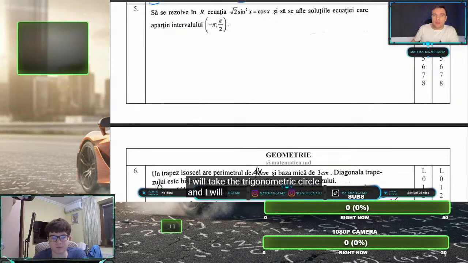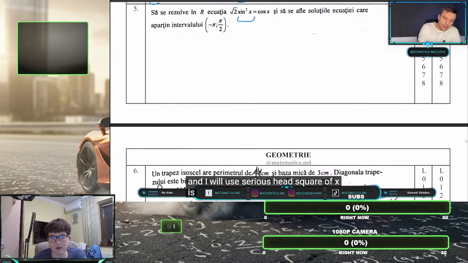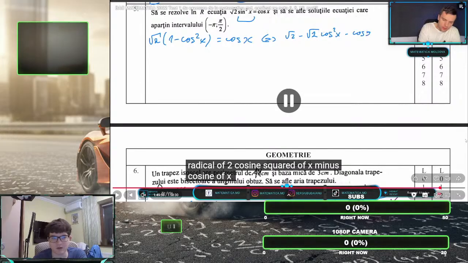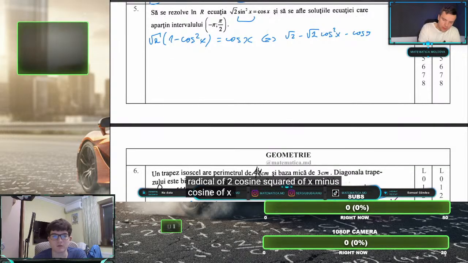Now we got the last one, trigonometry. Who knows this? Cos, square root of 2, 1 minus cos second power x equals cos x.